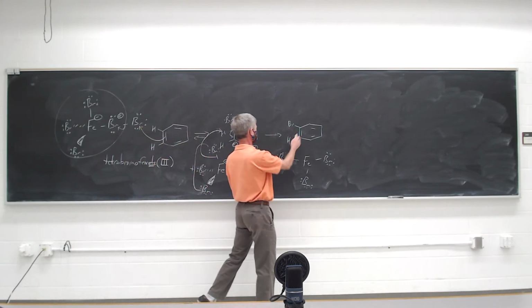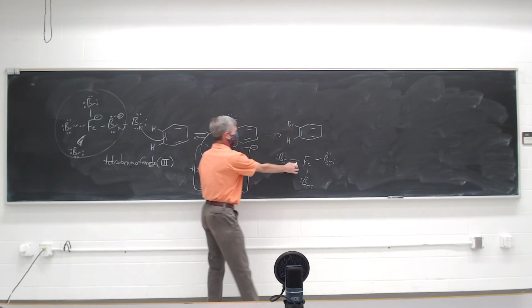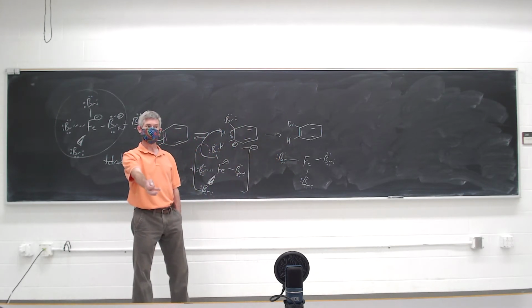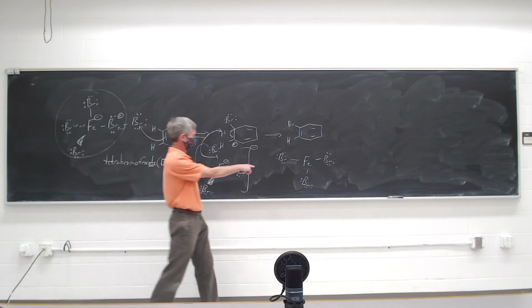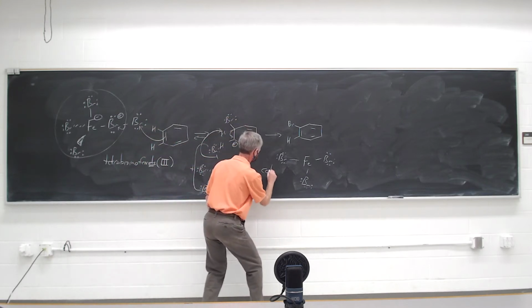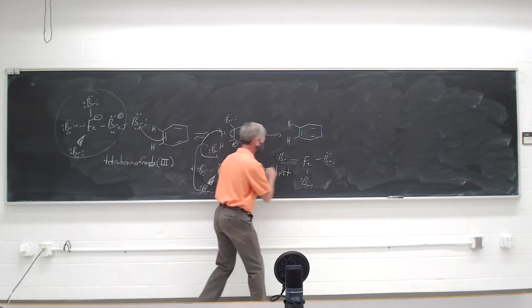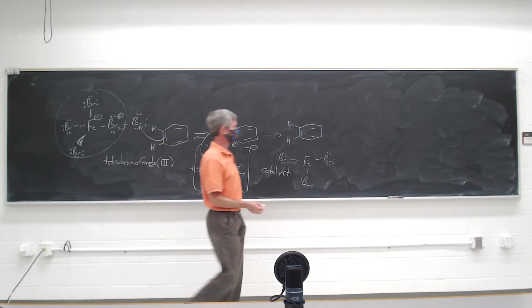And then we take a hydrogen off to regenerate the aromaticity. And we also regenerate FeBr3. So this is a catalyst. It's not actually part of the overall balanced equation.